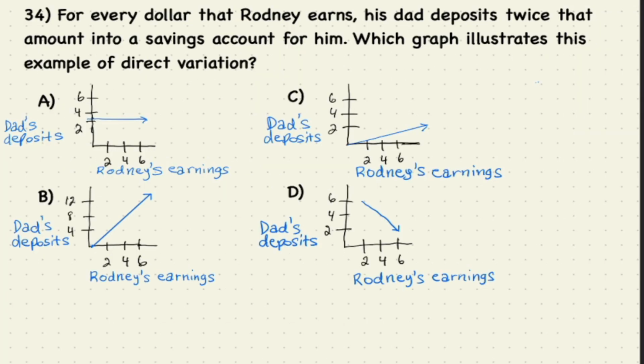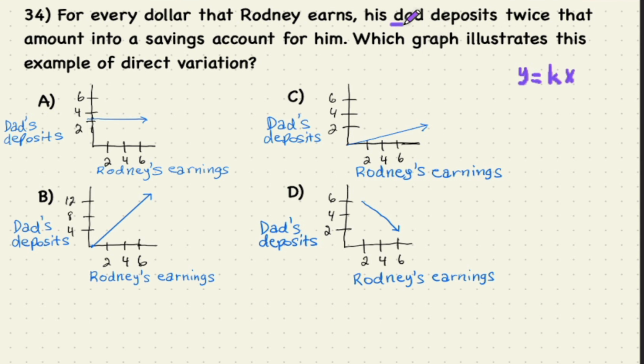Number 34. For every dollar that Rodney earns, his dad deposits twice that amount into a savings account for him. Which graph illustrates this example of direct variation? We already know that direct variation is y equals kx, where k is your constant. Since Rodney's father deposits twice the amount that he earns in a savings account, we have to determine which graph represents that.